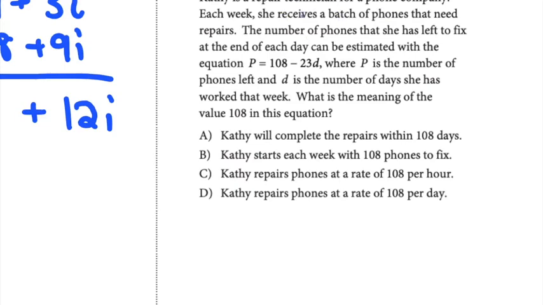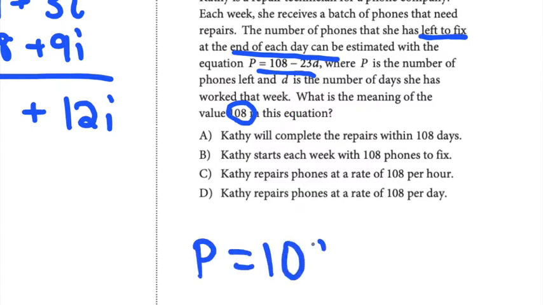Okay, question number 4: Kathy is a repair technician for a phone company. Each week she receives a batch of phones that need to be repaired, and the number of phones she has left to fix at the end of each day can be estimated by this equation, where P is the total number of phones left, and D is the number of days she has worked that week. What is the meaning of 108 in this equation? First, in these types of questions, you have to completely understand what this equation, P equals 108 minus 23D, essentially means.